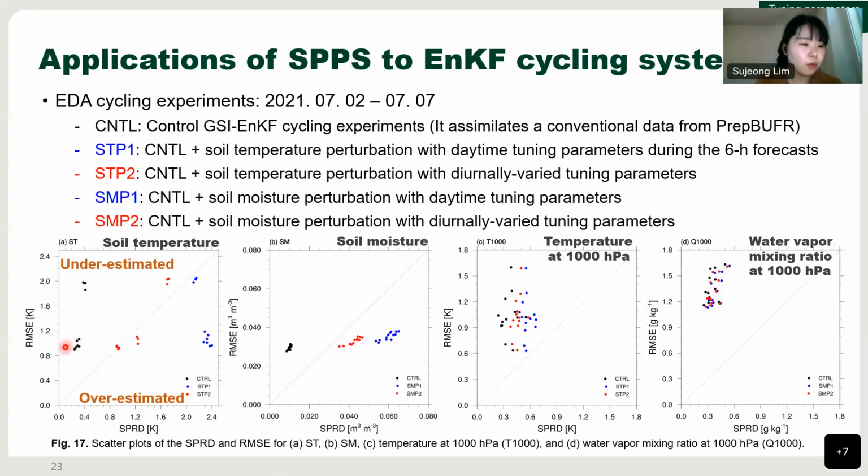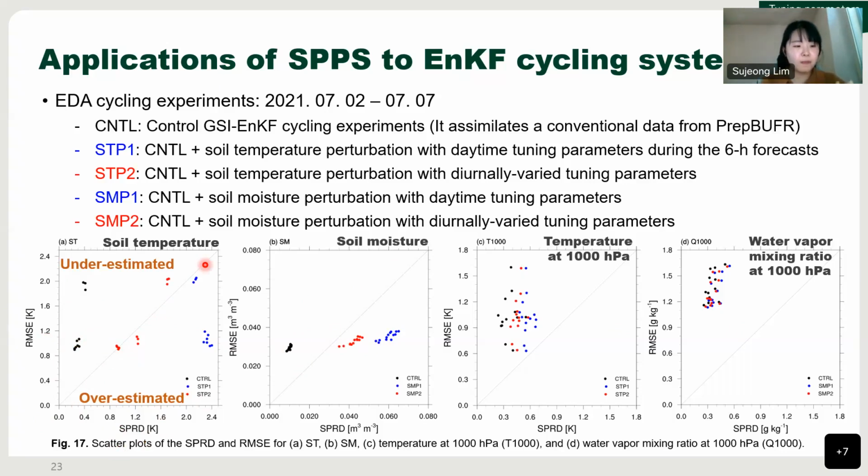But when we perturb soil temperature and soil moisture, the ensemble spreads increase. In particular, when we consider the diagonal varied tuning parameter in STP2 or SMP2 colored in red, the soil temperature and soil moisture showed a good relation between ensemble spread and RMSE.